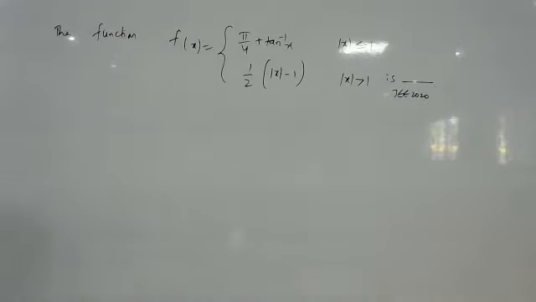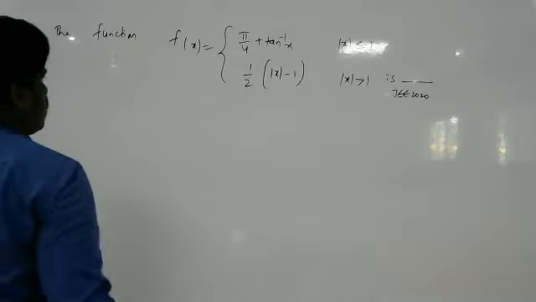Okay, this is a question here. F of x is equal to pi by 4 plus tan inverse x when modulus of x is less than or equal to 1, and half mod x minus 1 when x is greater than 1. Then it is asking what is the solution. Should I explain all the options?